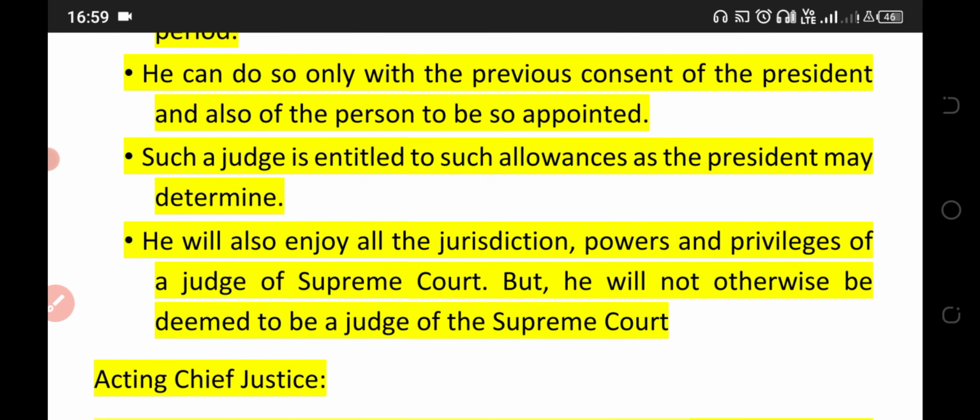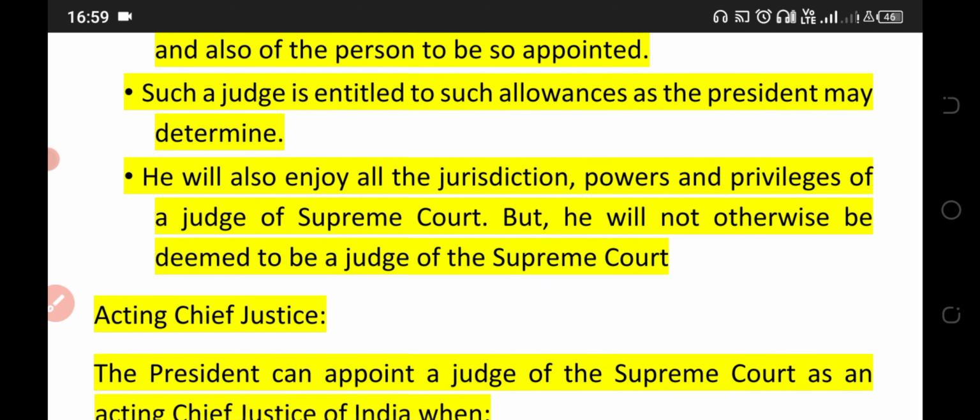He can do so only with the prior consent of the President and also of the person to be appointed. Such a judge is entitled to such allowances as the President may determine. He also enjoys all the jurisdiction, powers and privileges of the judges of the Supreme Court, but he will not otherwise be deemed to be a judge of the Supreme Court.